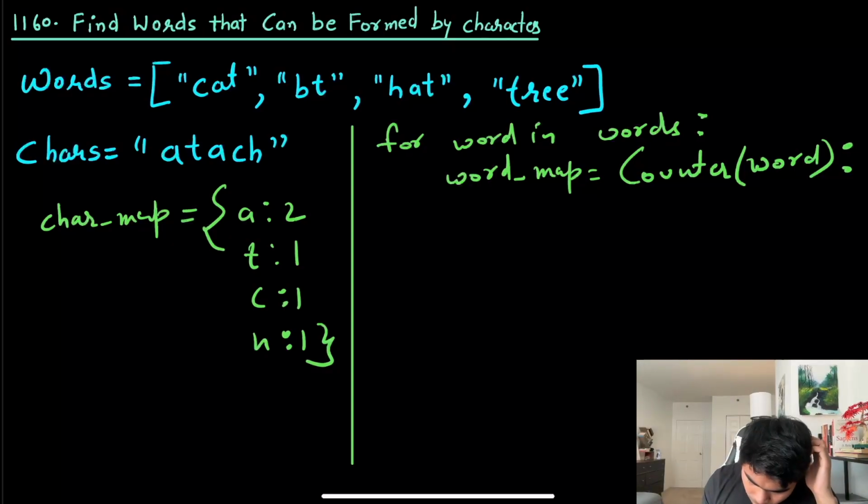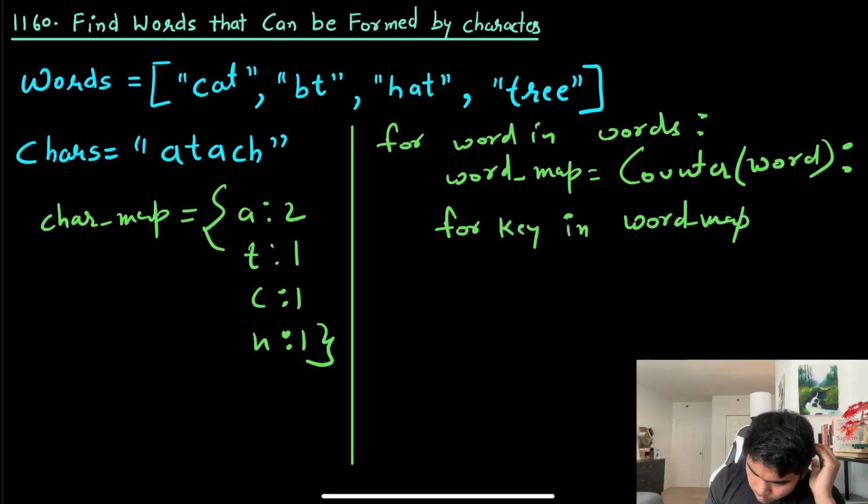All right, now I want to go over the frequencies of each character in this word. So let's say for key, val in word map dot items.